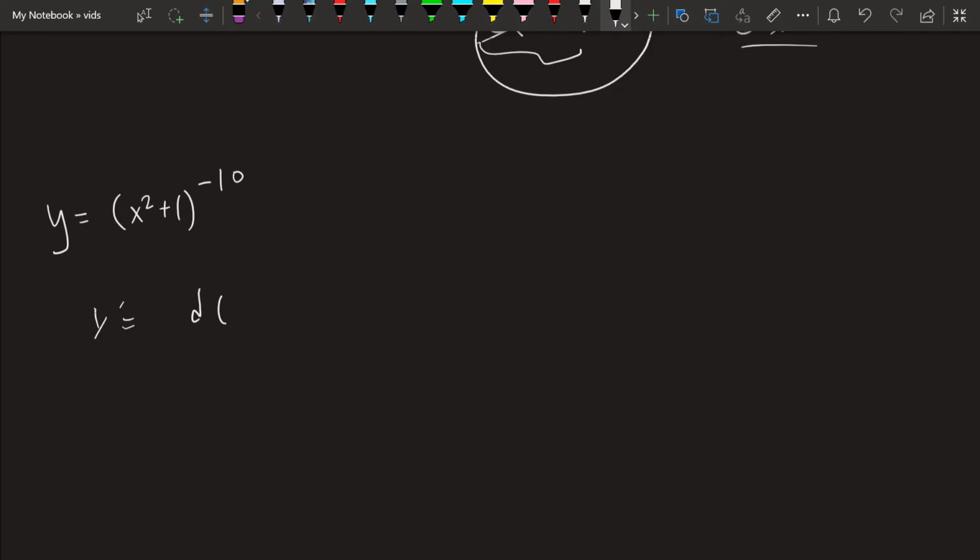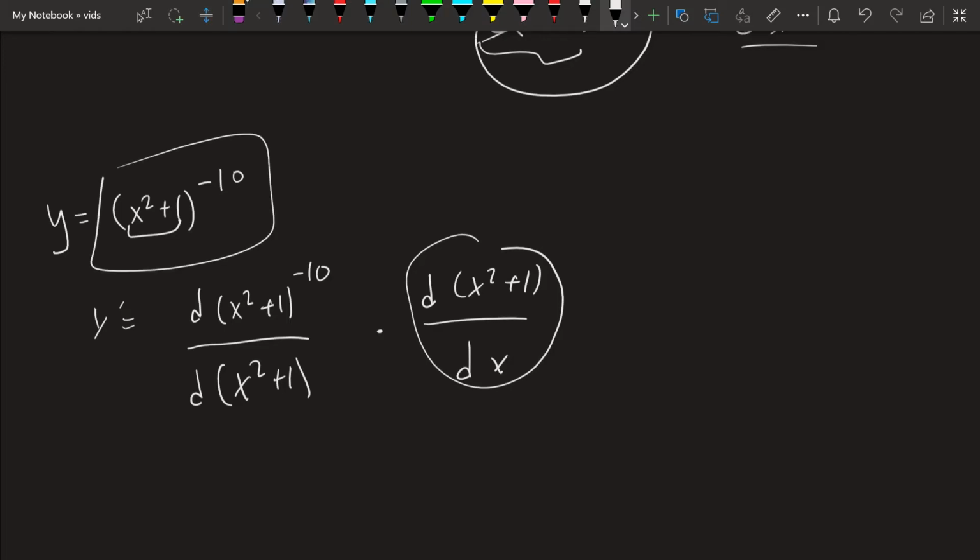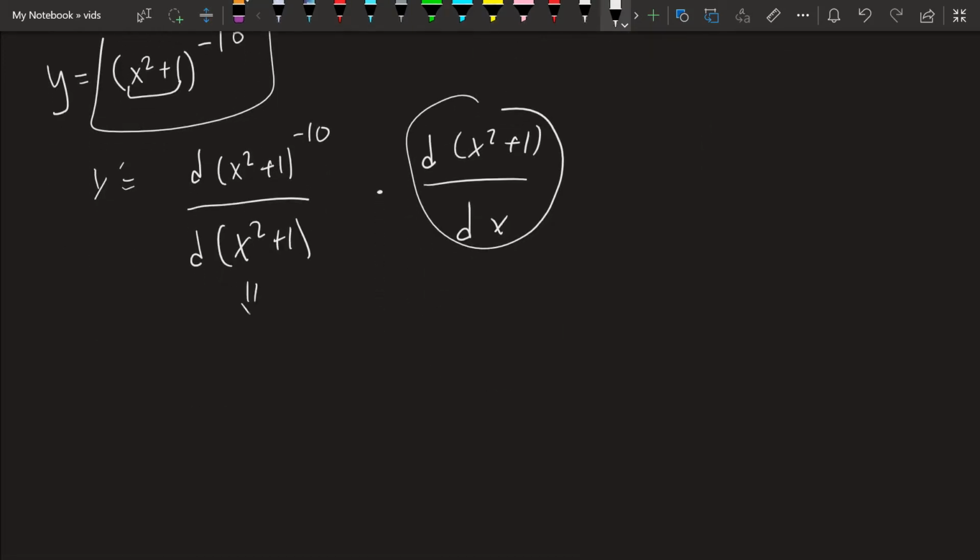So this is going to be equal to the derivative of x squared plus 1 raised to the power of minus 10, multiplied by the derivative of x squared plus 1 with respect to x. This is the chain rule, the derivative of the inner function multiplied by the derivative of the outer function.